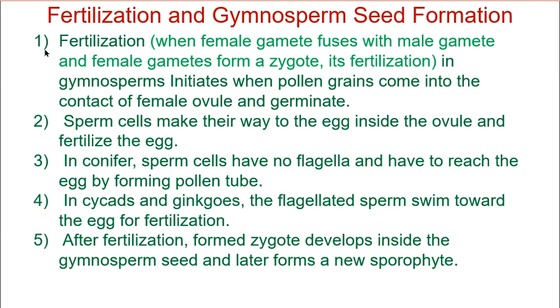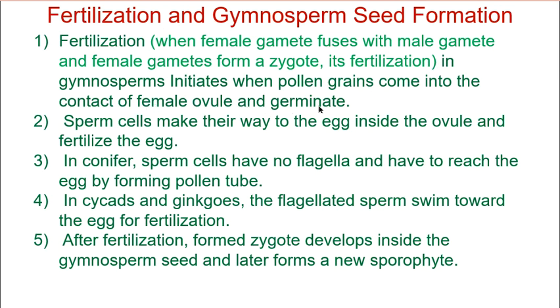Now coming to the first point, fertilization. What is it? When the female gamete fuses with the male gamete and forms a zygote, it is called fertilization. So fertilization in gymnosperms initiates when pollen grains come into contact with the ovule and germinate.